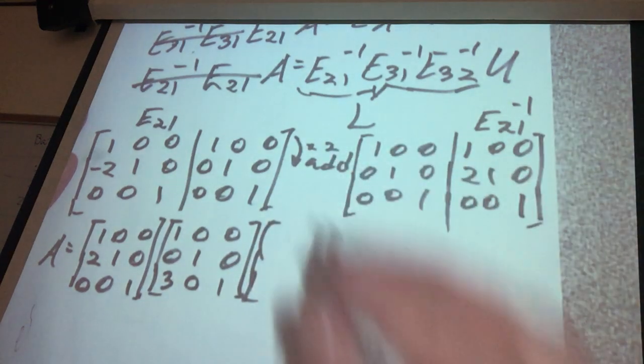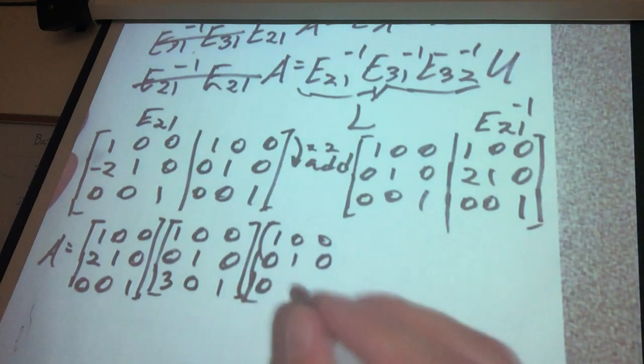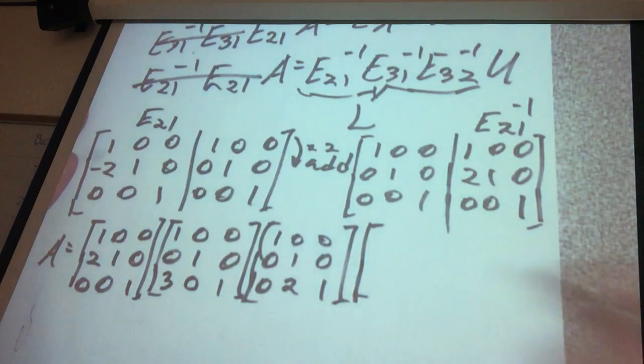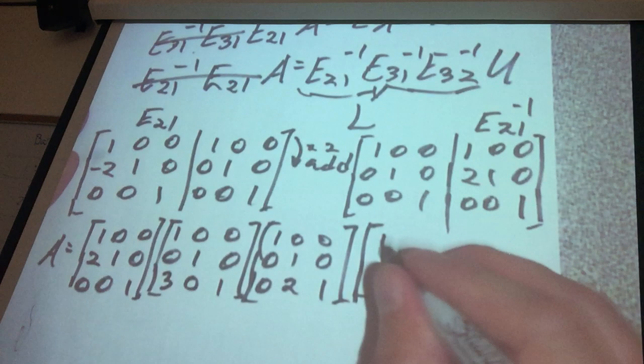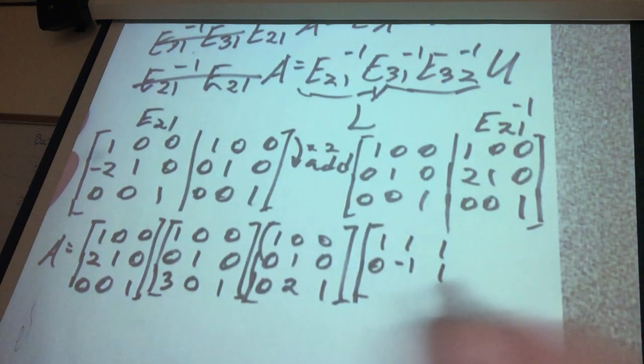Acting on E32 inverse, which was 1, 0, 0, 0, 1, 0, 0, 2, 1. And now this is going to act upon our U, which is 1, 1, 1, 0, negative 1, 1, and 0, 0, negative 3.